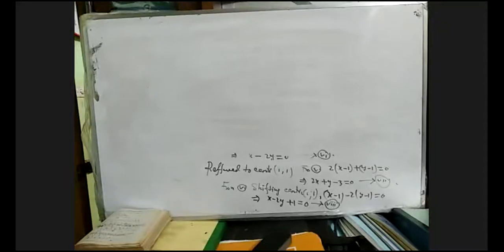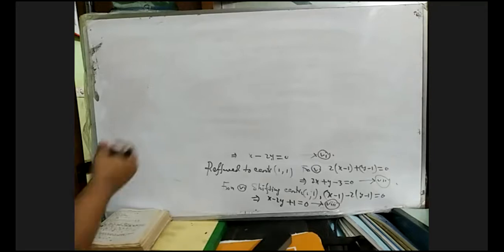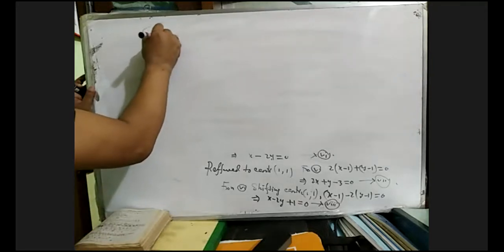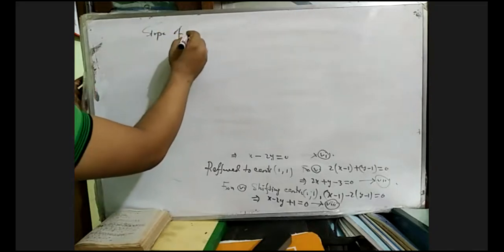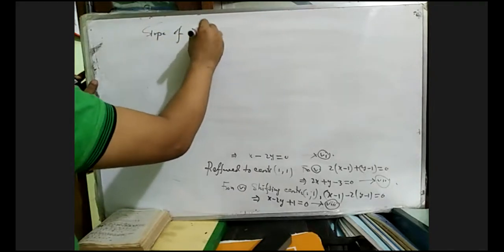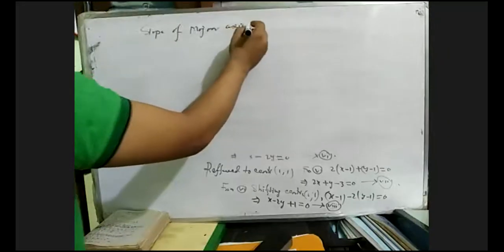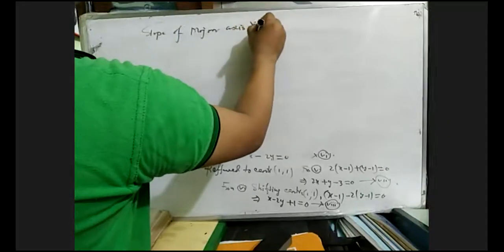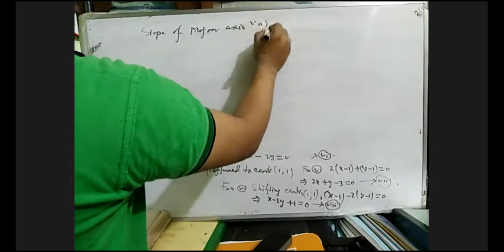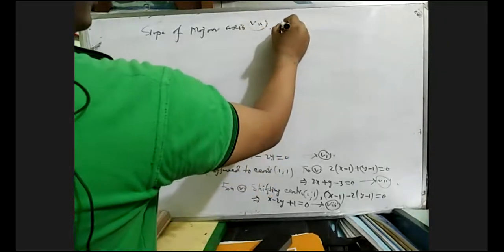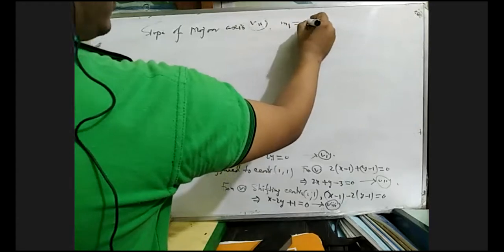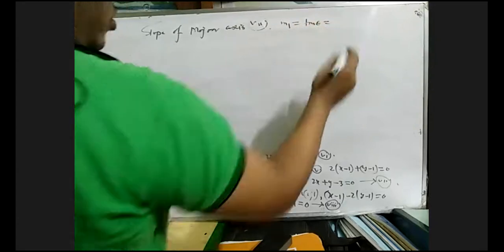Now we can find the slope of 7 and 8, length of the axis, equation of the major axis and minor axis. So slope of major axis, equation 7, m1 equals to tan theta equals to what will be?